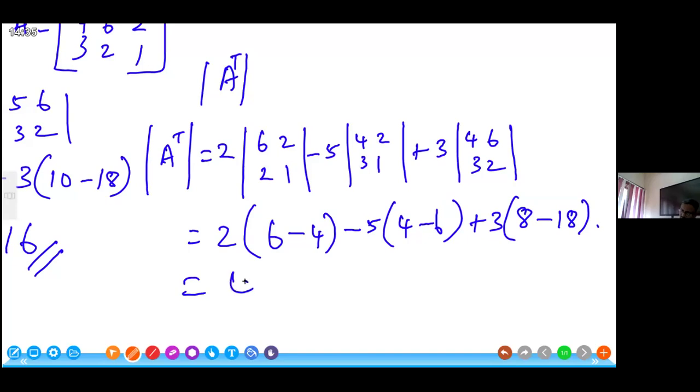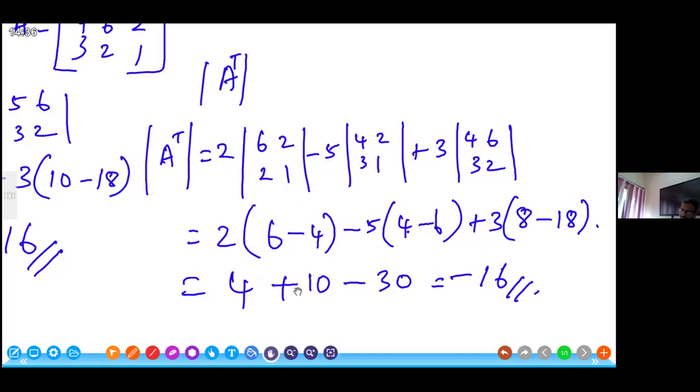So that is 4, minus 5 into minus 2 is plus 10, plus 3 into minus 10, which is minus 30. So minus 30 plus 14 is minus 16.